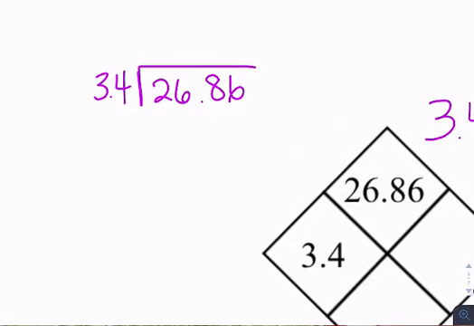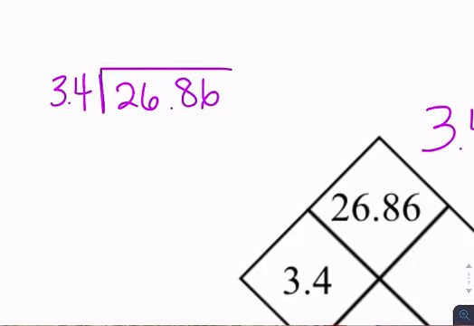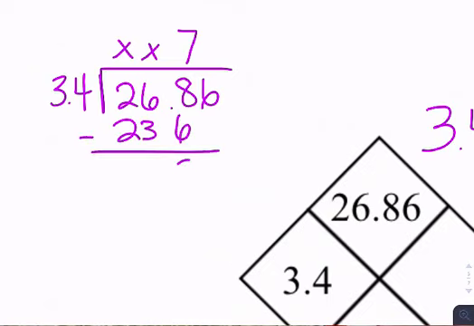I'm going to do 34, doesn't go into 2, doesn't go into 26, but 34 does go into 268. It goes in 7 times. And 7 times 34 is 236. So now I'm going to subtract.